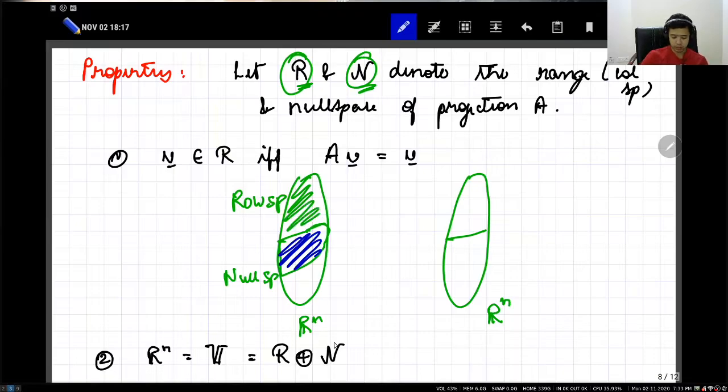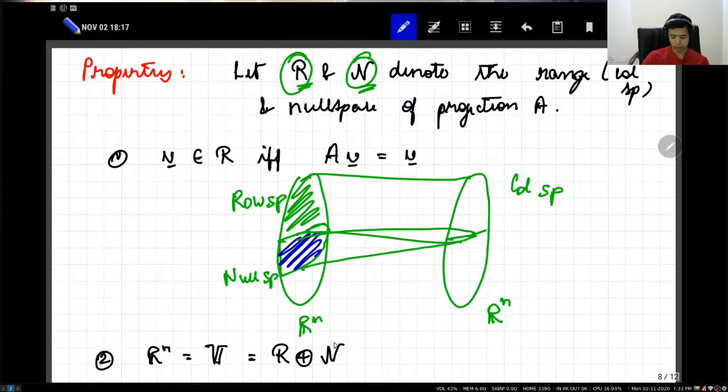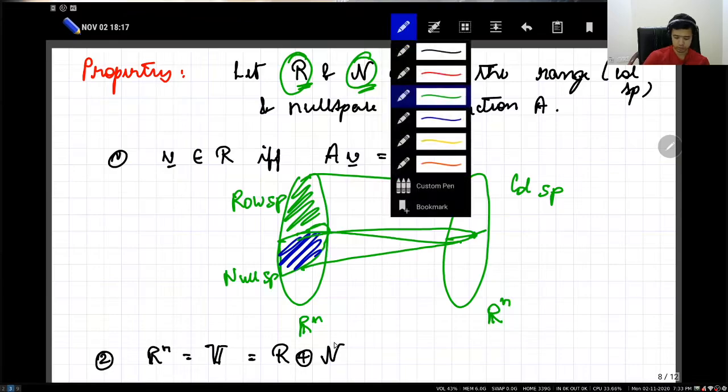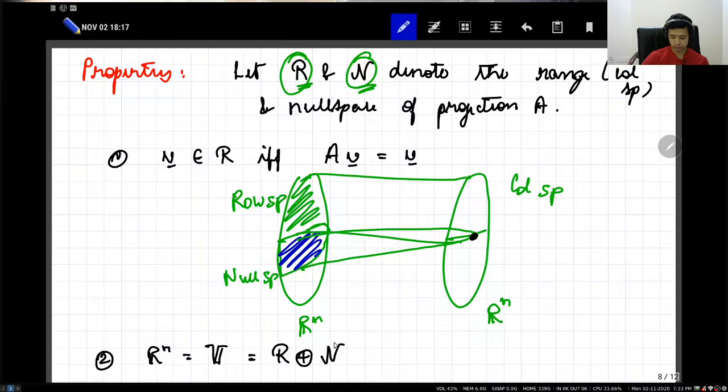Every non-zero vector in the row space is mapped to a non-zero vector in the column space, and every vector in the null space is mapped to the zero vector.